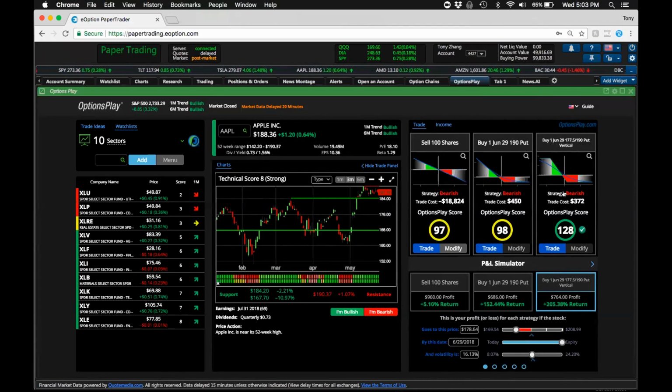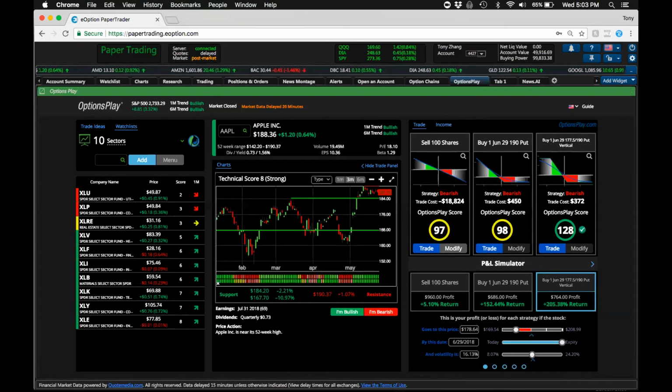So you can buy this put here or a put vertical, and we're not here to recommend a strategy. We're not here to tell you what to do. We're just providing you indicators, and we'll provide you with strategies regardless of what your views are. So even if your views are completely conflicting with our indicators, you can still click on I'm bearish and take a look at buying puts on a stock that we think is bullish.